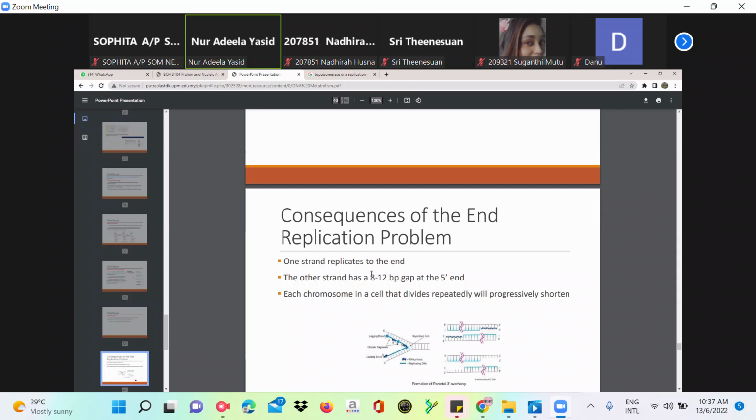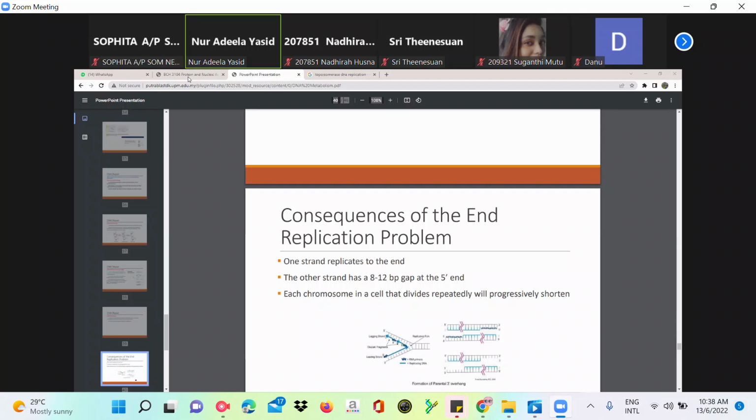Problems with replication. The ends of linear chromosomes have a problem, especially for the replication machinery.